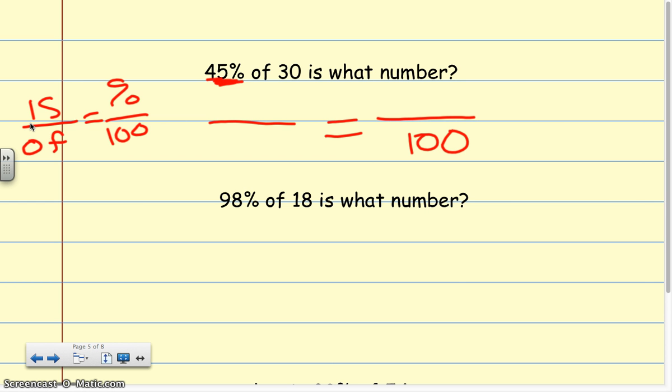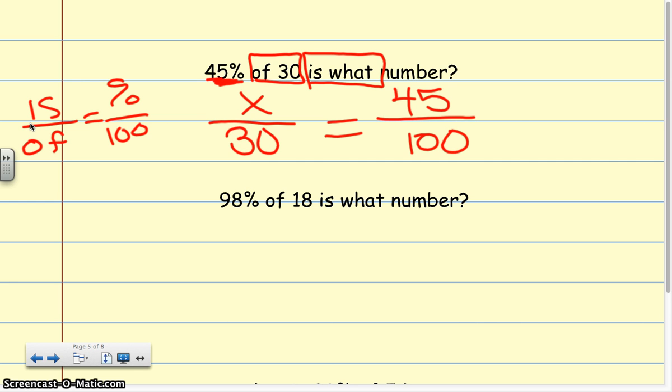It says 45%. So 45 goes where the percent would go. Of 30. So where does 30 go, top or bottom? 30 is connected to the of. Is what? The what is the x.